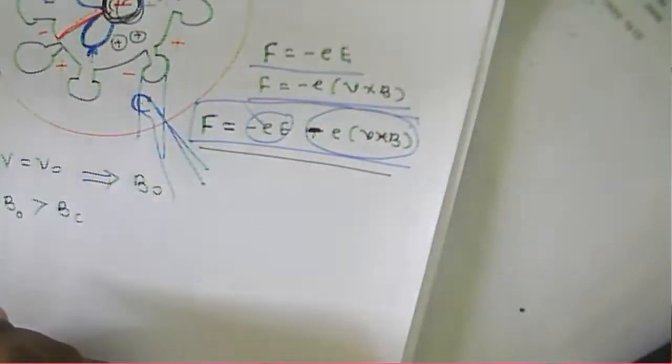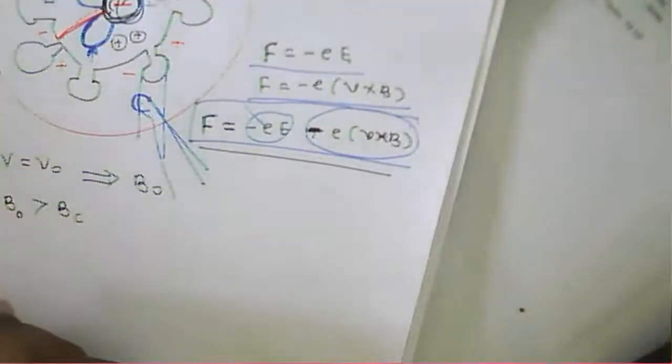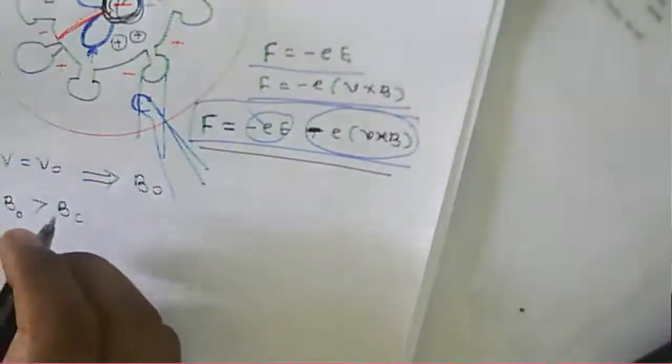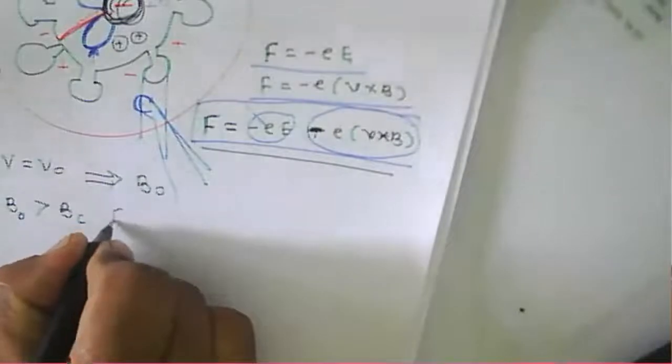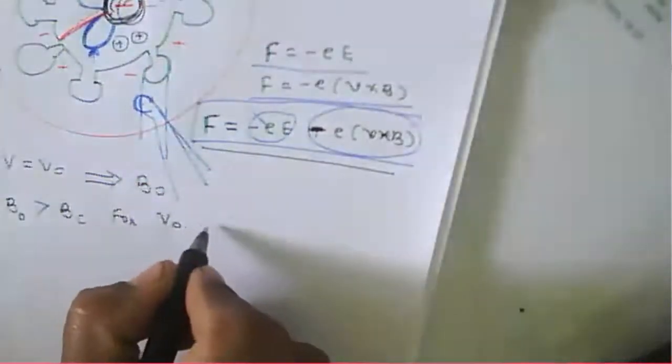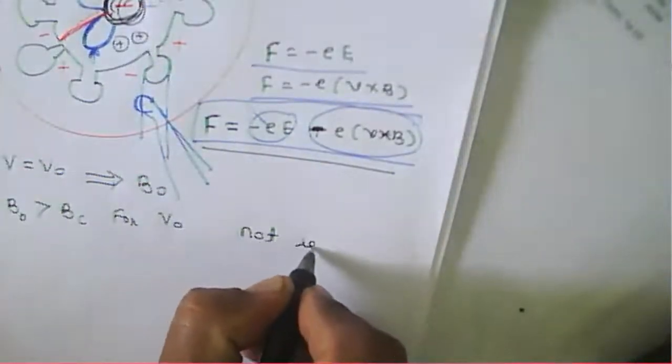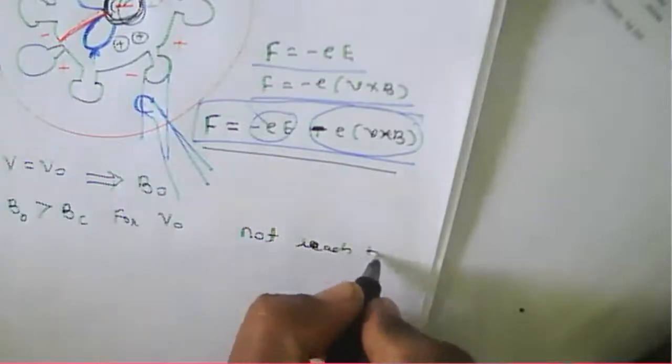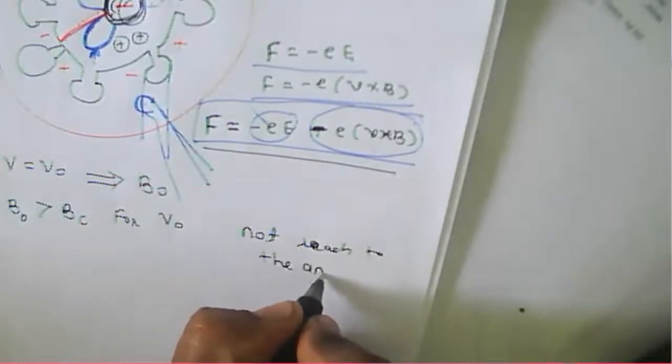If B0 is greater than BC, for whatever given value of V0, in that case what happens? The electron will not reach the anode.